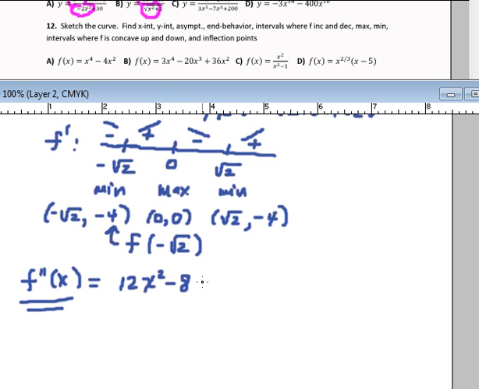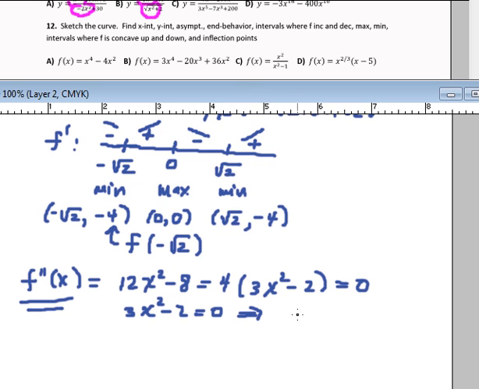And we could just factor out the 4. We want to know when this is 0, so set this equal to 0. And we have 3x squared minus 2 equals 0. And that leads us to x squared equal 2/3, or x is equal to plus or minus the square root of 2/3.